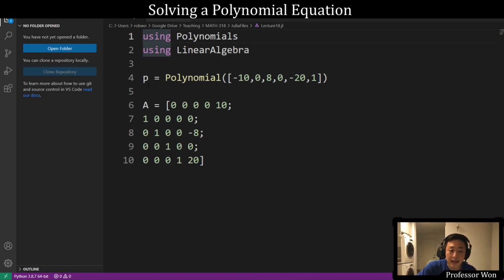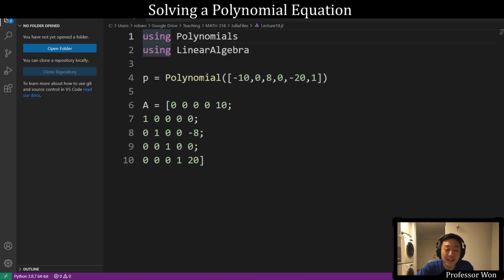And now this is how the Polynomials package of Julia can read in a polynomial. So I'm going to let P be a polynomial. And the way that you instantiate it actually uses this thing we've been talking about the whole time, which is the fact that you can view polynomials as vectors, right?